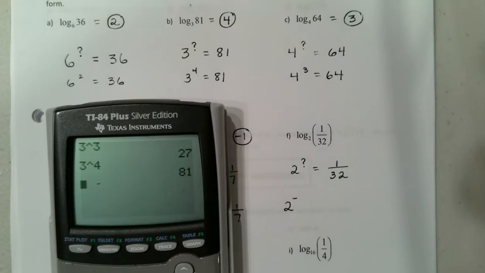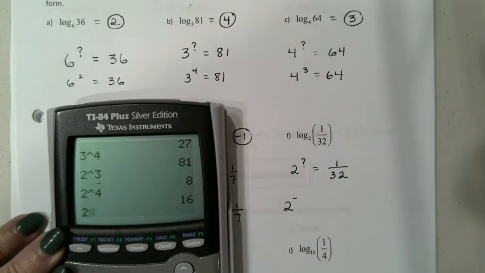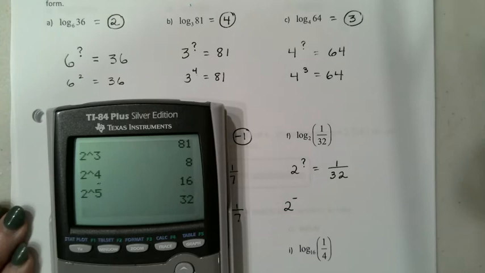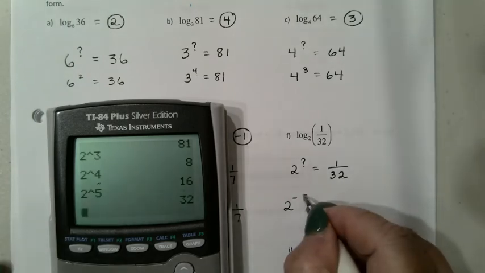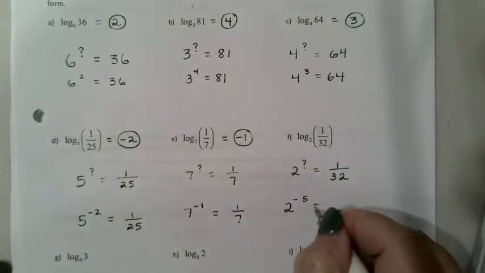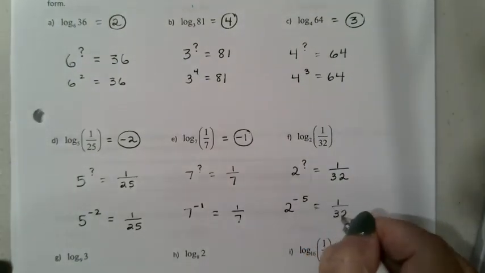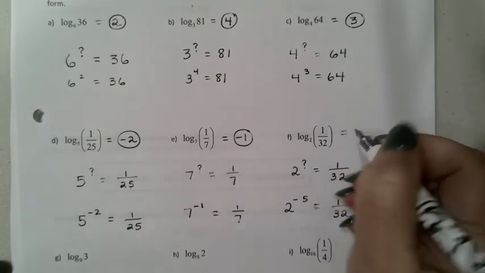You can do a little bit of trial and error again. 2 cubed is just 8. 2 to the 4th, still not big enough. 2 to the 5th gives me that 32. So I'm going to say 2 to the negative 5th would put that 32 in the denominator. So my exponent that I was trying to solve for is negative 5.